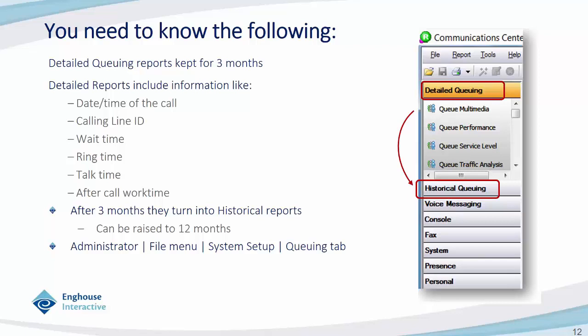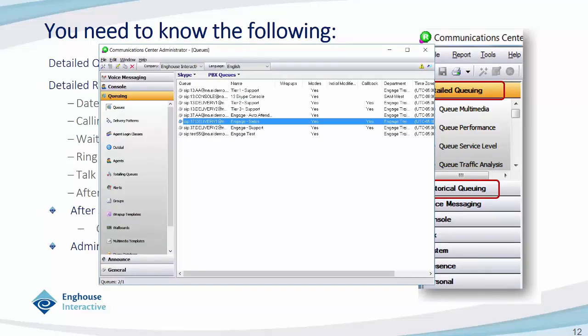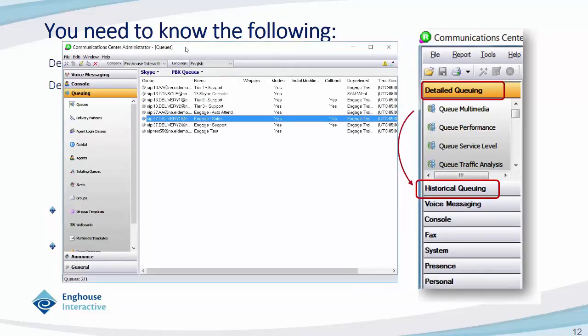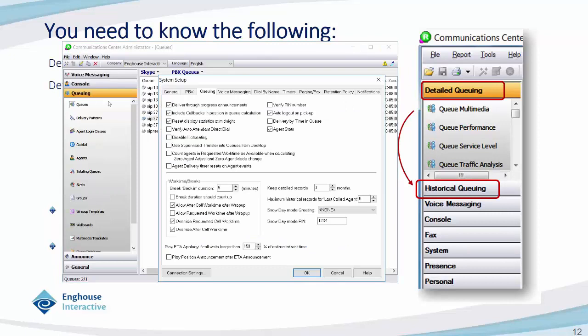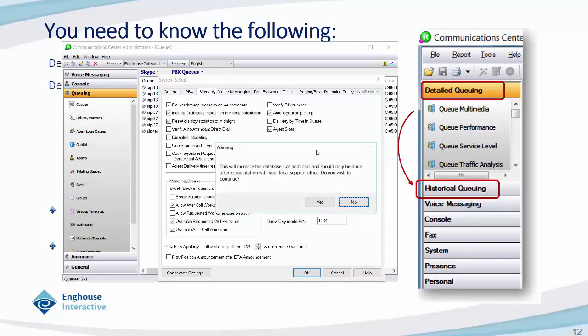To take a look real quick, if I jump over to Administrator, let me move that so we can see it better. I can go to the File menu, System Setup, the Queuing tab here, and if you look right down here, it says Keep Detailed Records for, and I can change that up to 12 months.